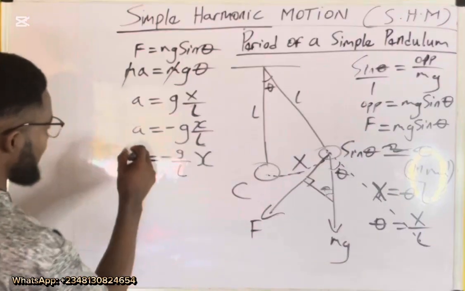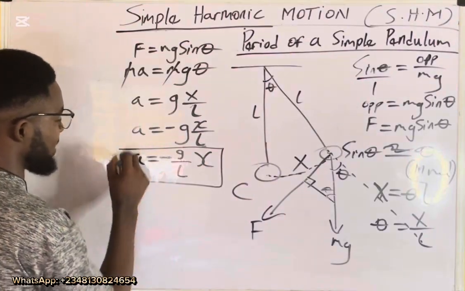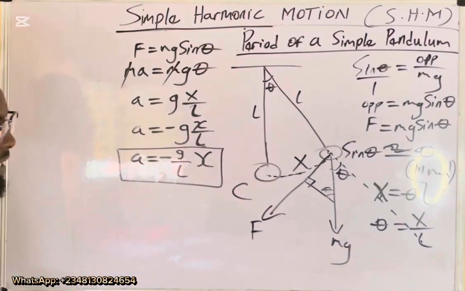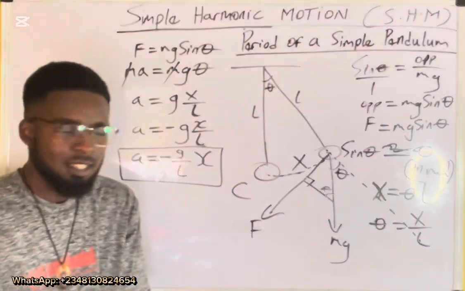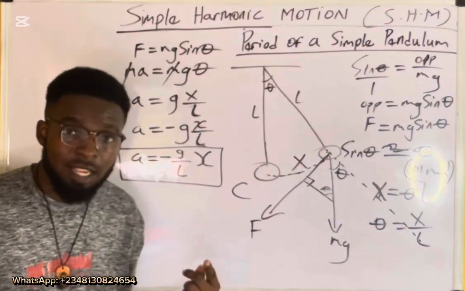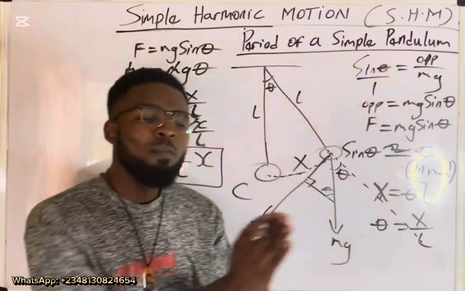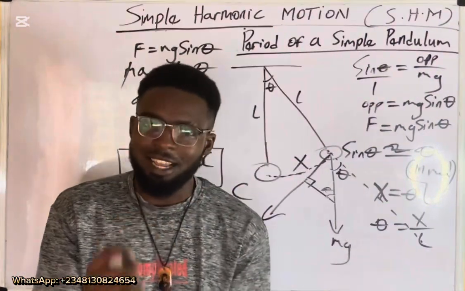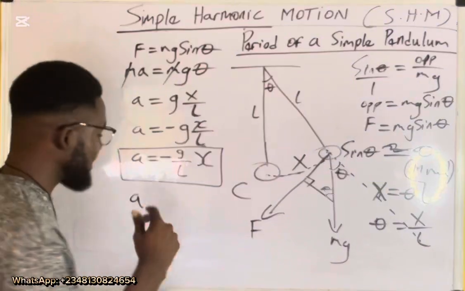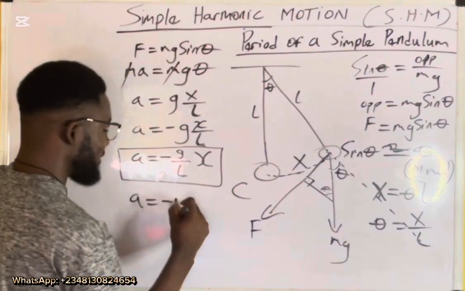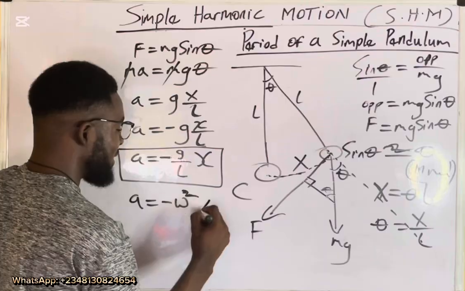Now, this is the acceleration at a distance. If we compare it to our normal acceleration at any distance from the previous class, that is a is equal to minus omega squared x.